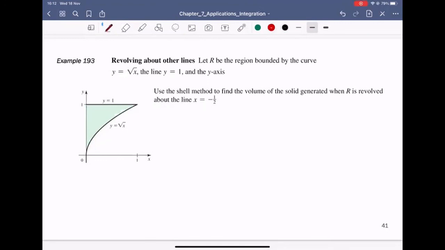That is not that hard. We have y equal to 1 here, y equal to square root x here, and the y axis here. So we have everything. V is going to be the integral. First of all, if you want to use the shell method, you figure out the axis of rotation first, which is here, right? x equal to negative 1/2. This is the axis of rotation.